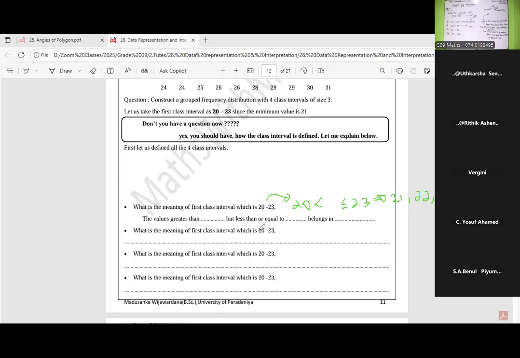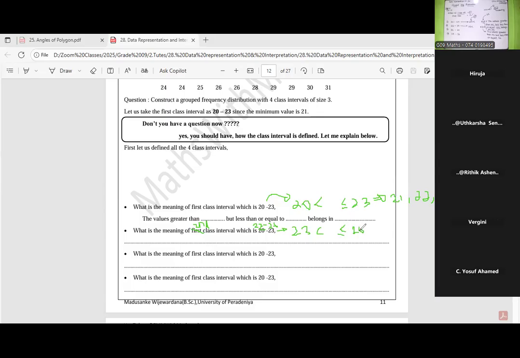Then here you need to do the correction. This is the second class interval, and the second class interval is 23 to 26. In front of this, you can write greater than 23, less than or equal to 26.